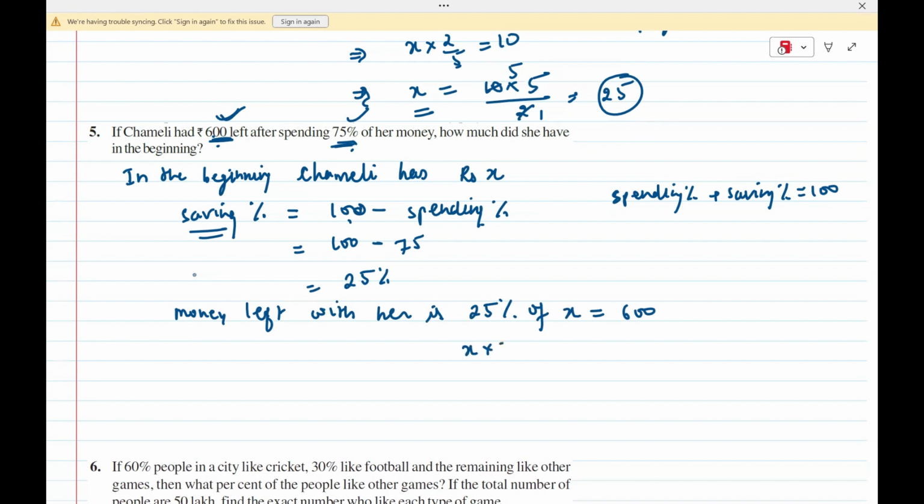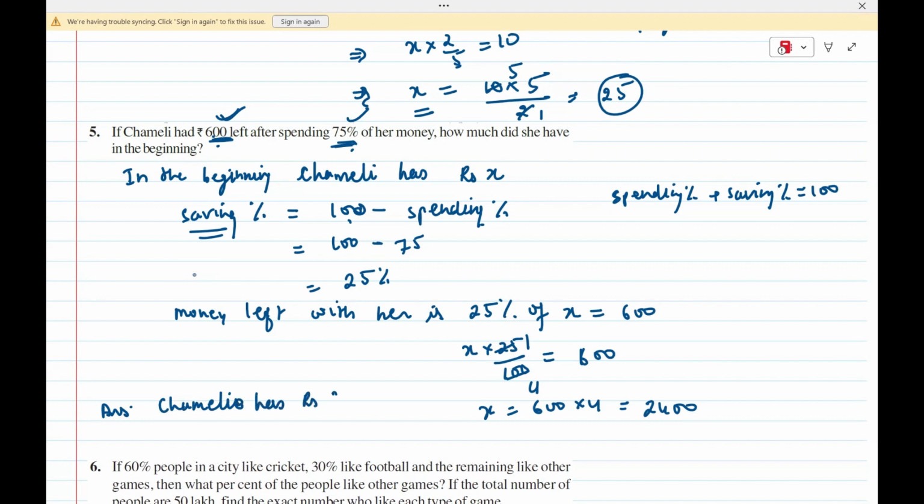So again from here, the concept of math, 25 upon 100 of x is 600. 25 ones are 25, fours are... so x is 600 into 4, which is 2400. So what will be the final statement? Chameli has rupees 2400 in the beginning.